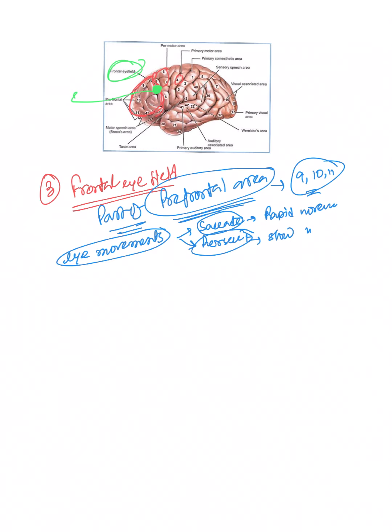Suppose a person is entering a room and you are sitting in the middle of the room. The moment the person enters, you give a rapid gaze on the person to see who it is. That is the saccade type of movement, just a rapid movement to notice something.